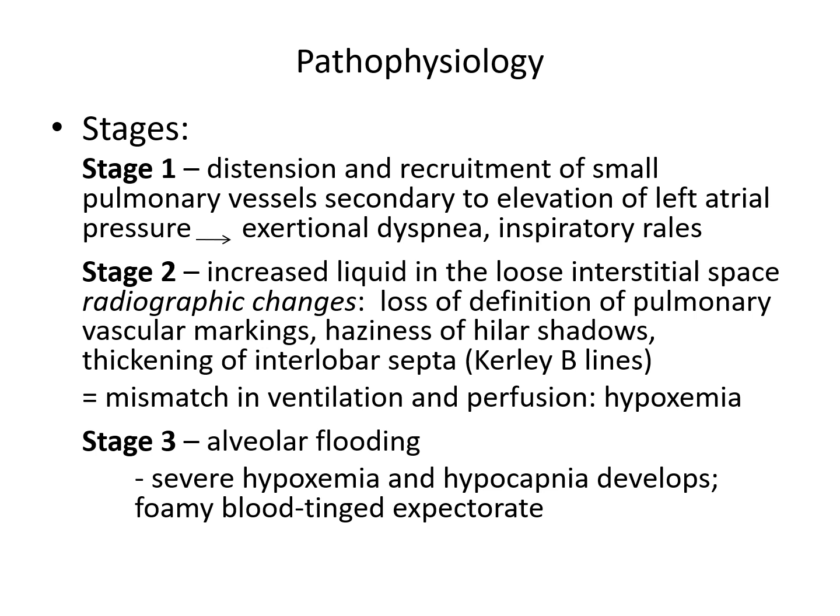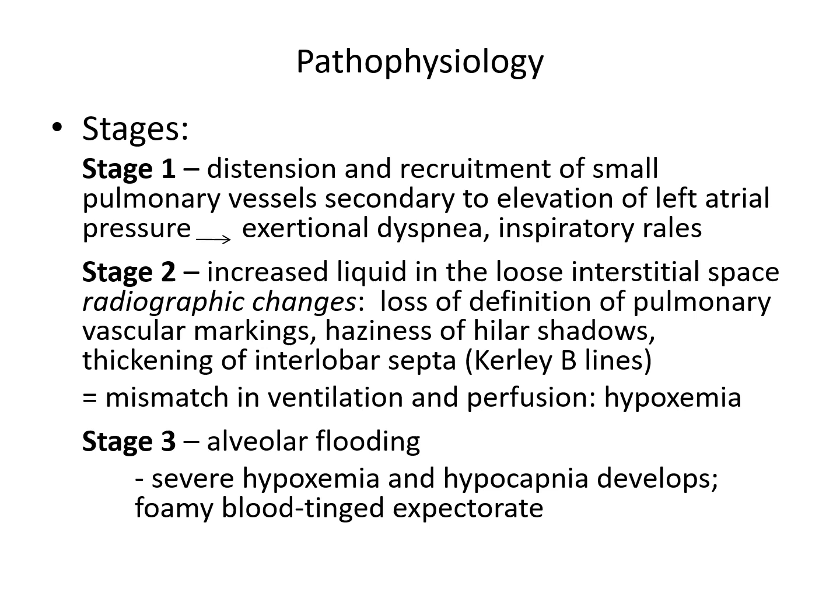In stage 2, you will already see chest x-ray changes: loss of definition of the pulmonary vascular markings, the Kerley B lines, or the thickened interlobar septa. So you will have a lot of haziness already in the peripheral pulmonary vascular markings.